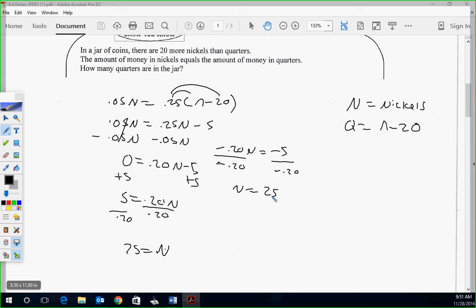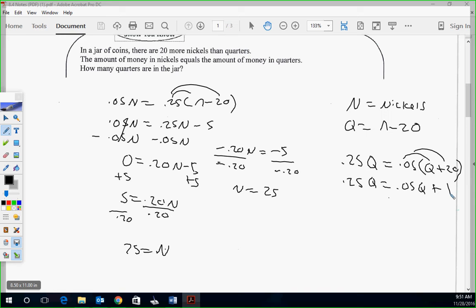Sure, so if you made quarters your variable, that means you'd have 0.25q is equivalent to 0.05q plus 20. So that's how you do it if you're doing it with quarters. You have 25 cents for quarters, and then nickels was quarters plus 20 extra nickels. If we did it that way, 5 cents times 20 would be plus $1.